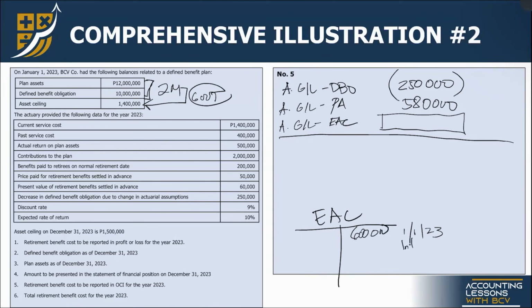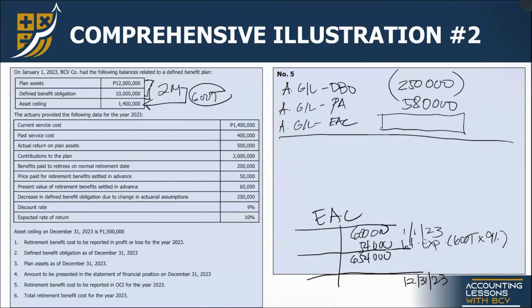Next, interest expense, 600,000 times 9%. That would be 54,000. Tama? Okay. Compute the unadjusted balance. Magkano? 654,000. Okay. Kailangan natin malaman kung may effect of asset ceiling by the end of the year, December 31, 2023.